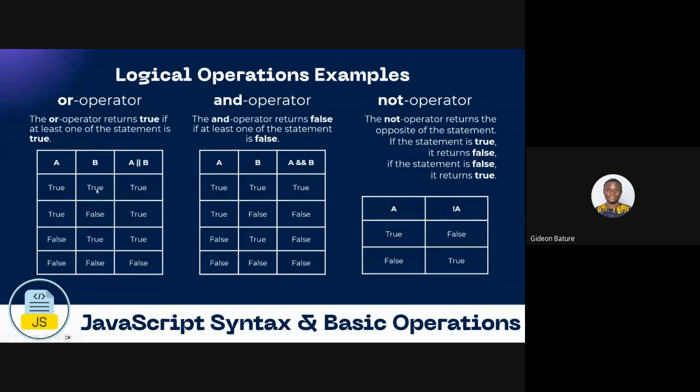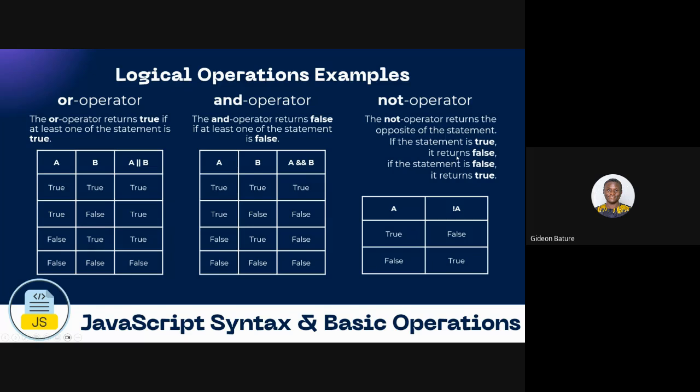That's why here you see true, true, we have true. True, false, we have true. False, true, we have true. Until we have both of them false, that's when my result is false. Here for AND, it's only when I have both of them true that it's true. But anytime I'm having a true and a false, so far there's a false in it, it's going to result in false. So that is the OR and AND operator.